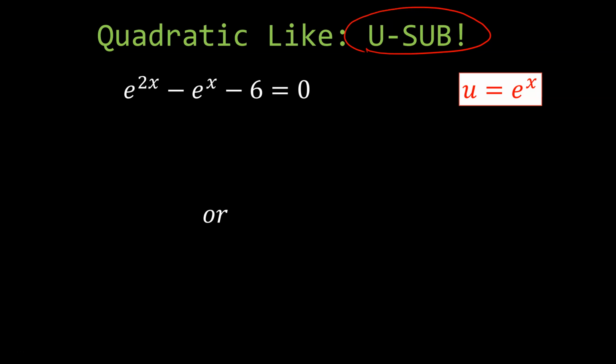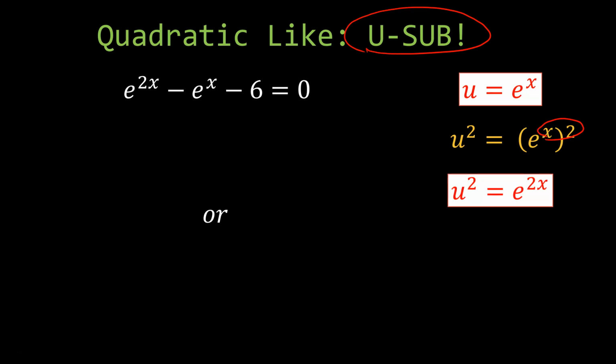If u is e to the x and we square both sides, e to the x to the second power, when you have an exponent raised to an exponent, we multiply the exponents. So u squared is e to the 2x. So our equation becomes u squared minus u minus 6 equal to 0.